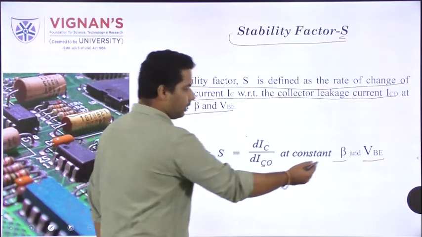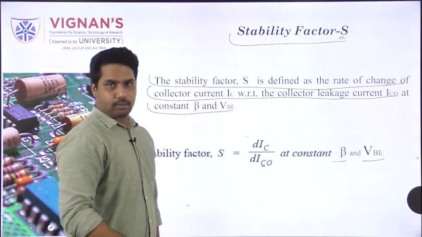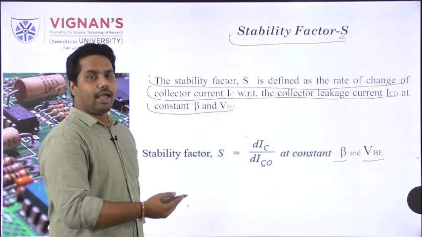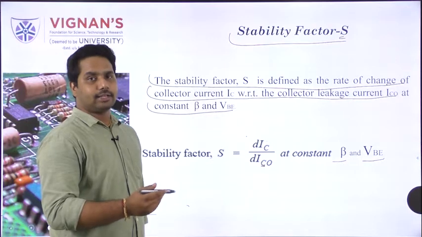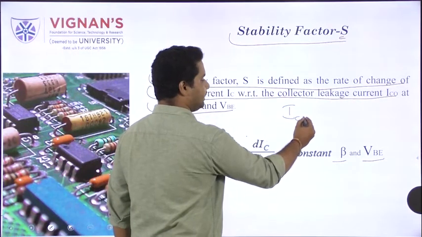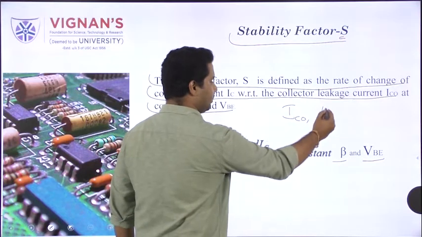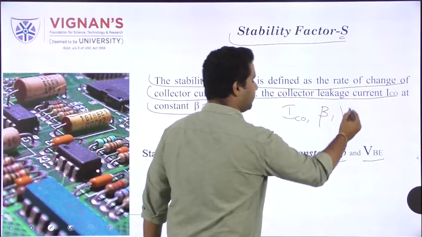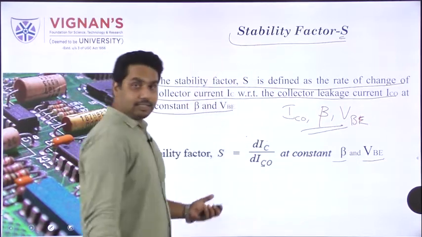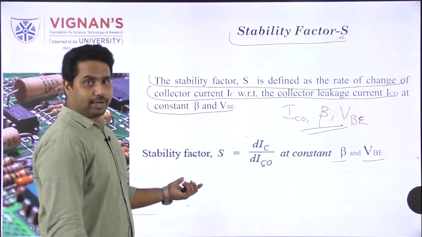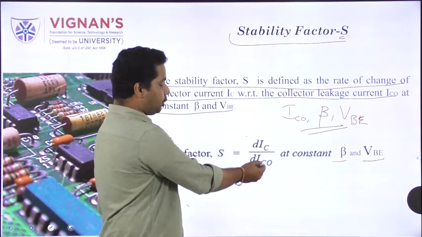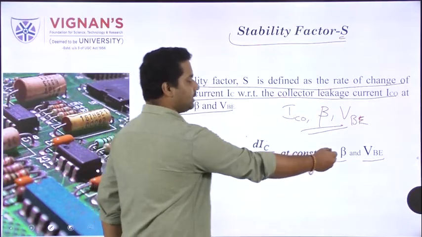At that time, beta and VBE are constant, because we know the transistor parameters which affect and make the collector current change are the collector leakage current IC0, beta and VBE. So when you are finding S, the stability factor, it is the rate of change of collector current with respect to IC0.